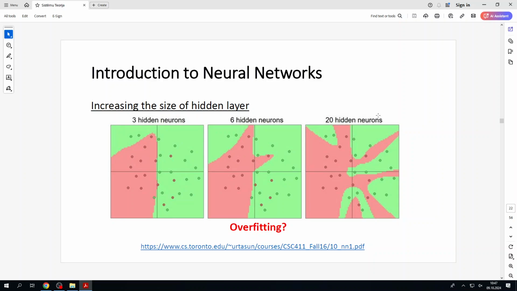If you continue to increase the number of neurons, then you get, again, the overfitting problem, because this is clearly too tailored for this specific data set and may not necessarily work well with new unfamiliar data. So we have an overfitting problem because you added too many neurons.